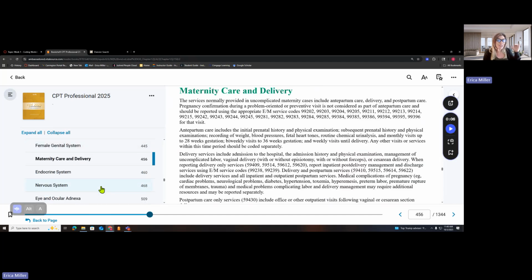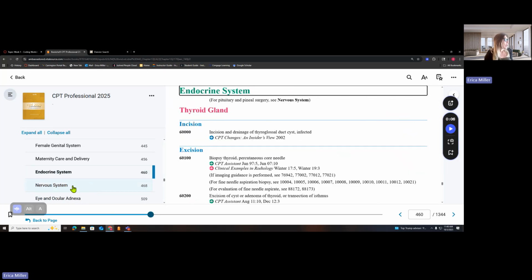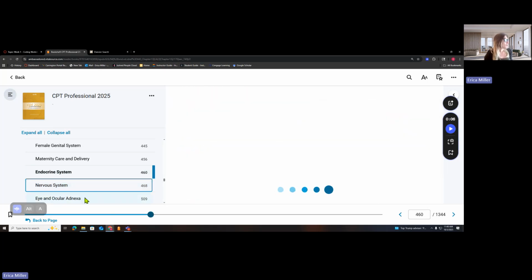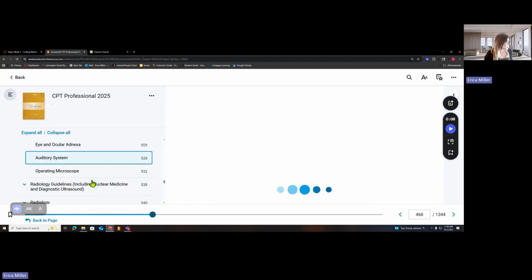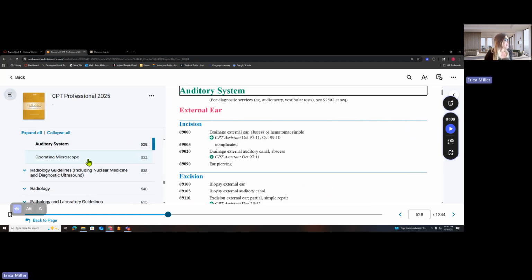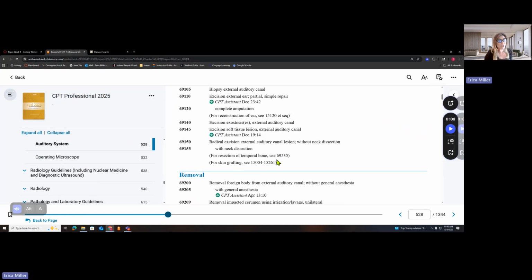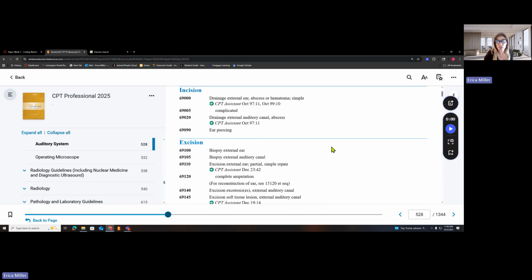Then endocrine, nervous system, so your brain, spine, all that good stuff, eyes, ears, and then that is it for surgery. All broken down by body systems, and each represented by a unique group or range of 5-digit codes.